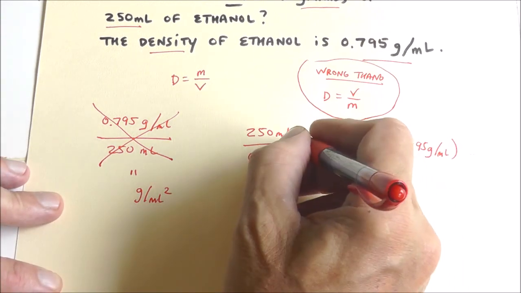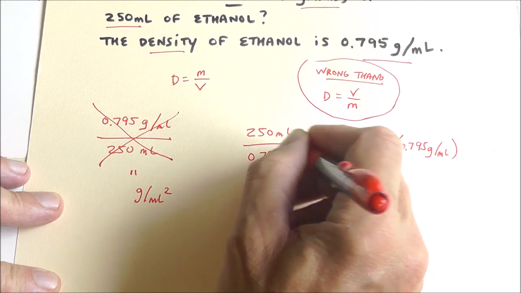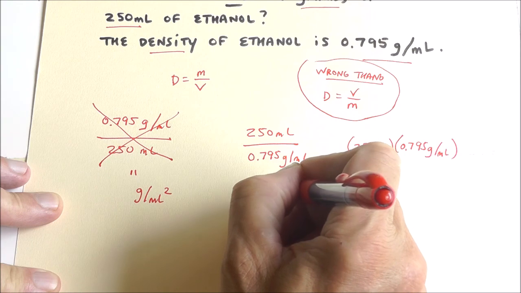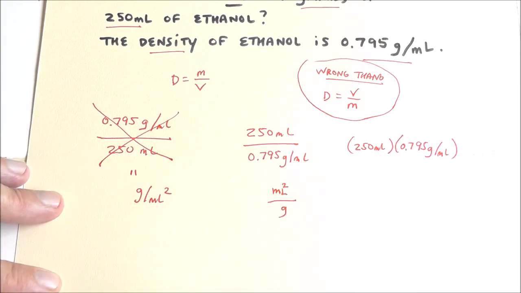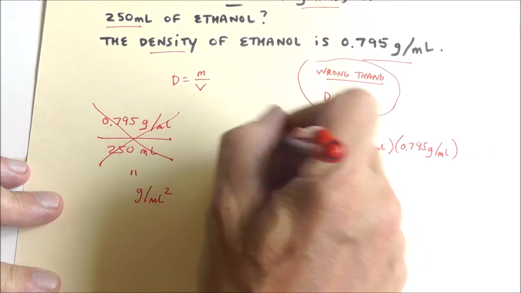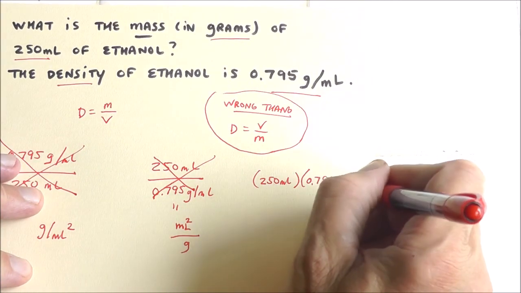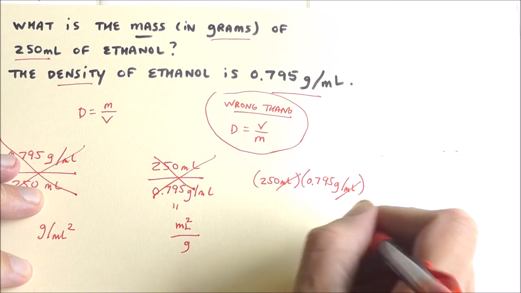Just like this. This would have units of milliliters, 1 over milliliters, which would be milliliters squared per gram. That ain't it. But if I multiplied them, milliliters times 1 over milliliters would cancel. I would get units of grams.